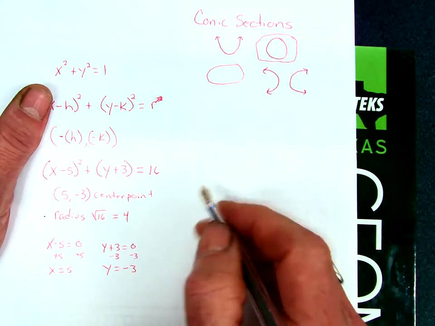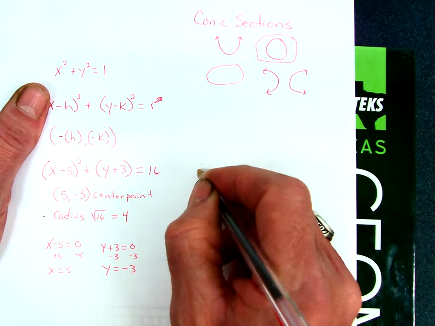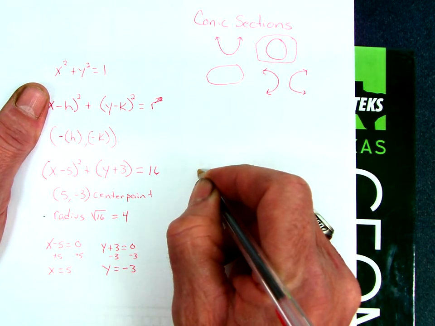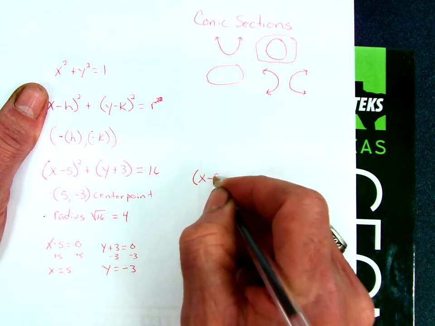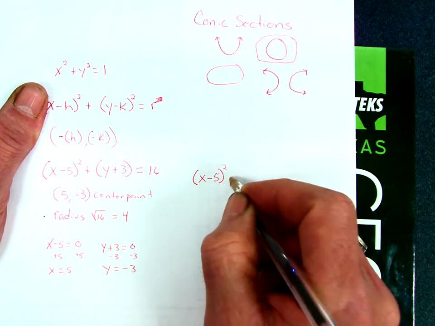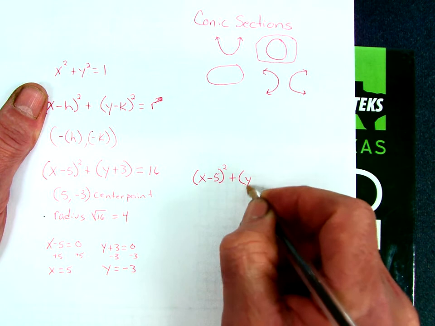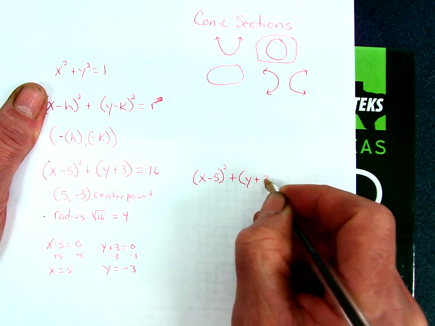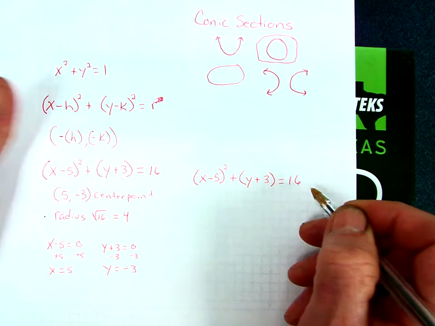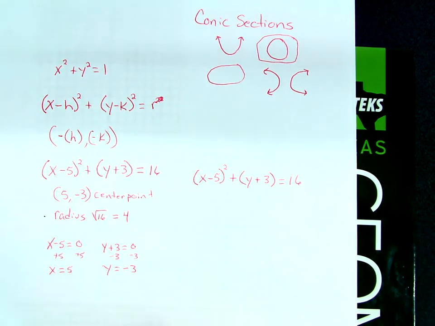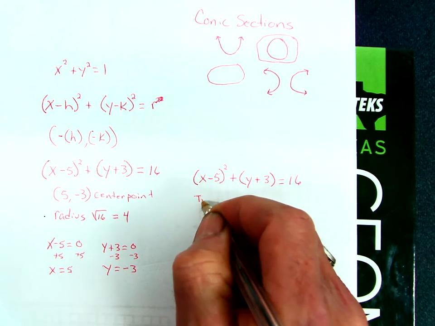Okay, so I'm going to use this same equation, but you have some exercises that say we want you to find the center and the radius of a circle using this equation, only we want to make changes to the circle. We want to translate it.